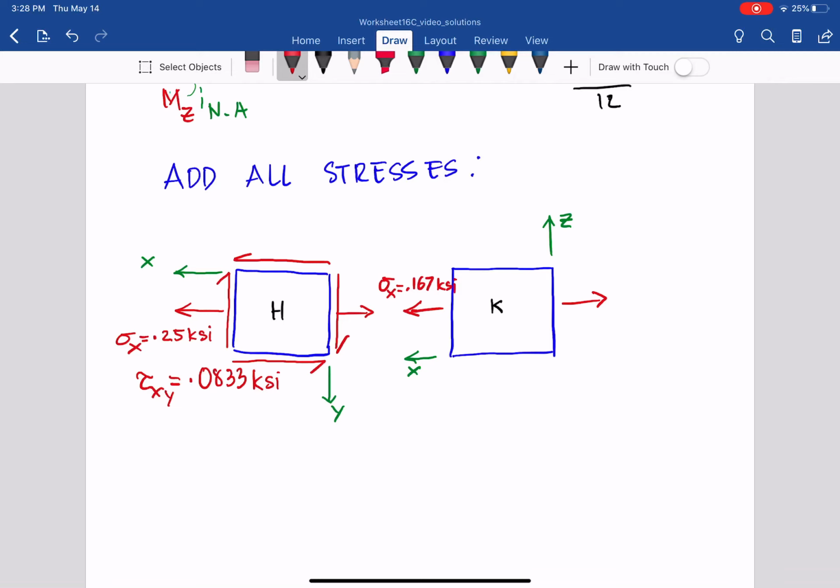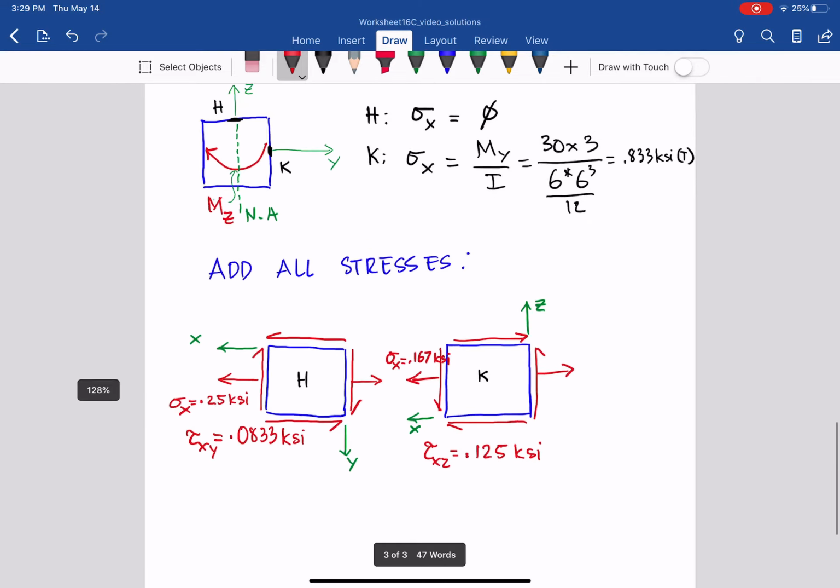It's negative on the positive X plane, so it will be opposite, in the positive x-axis direction, going up, so tau XZ equals 0.125 KSI.